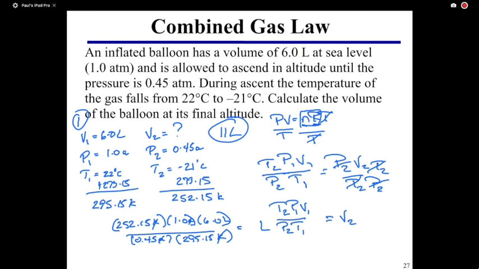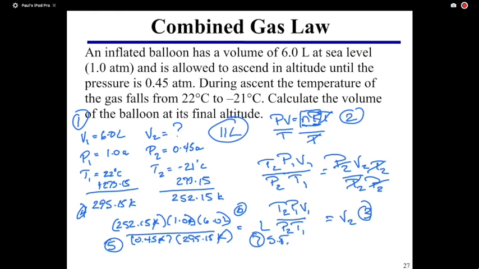Write down what you have. 2, determine an equation. 3, solve that equation when you have just variables. 4, go back and make sure all of your numbers are in the correct units. 5, make sure the units go in the right spot. 6, put them in the calculator, right? 7, sig figs.